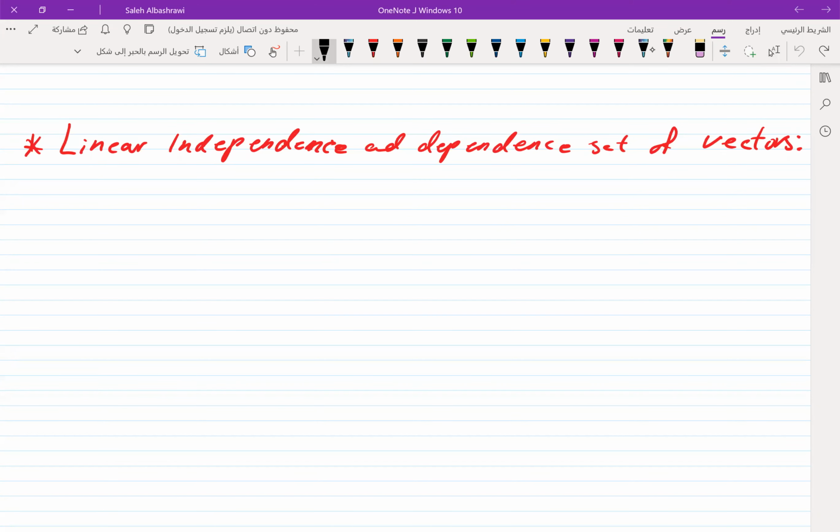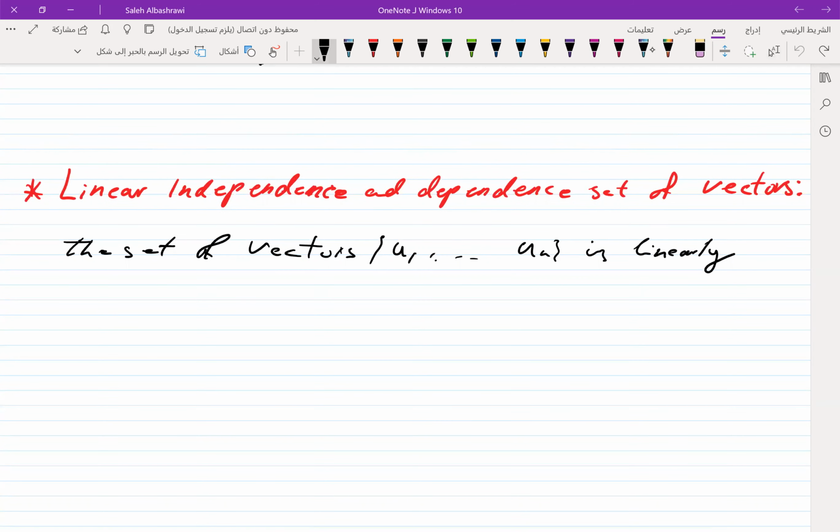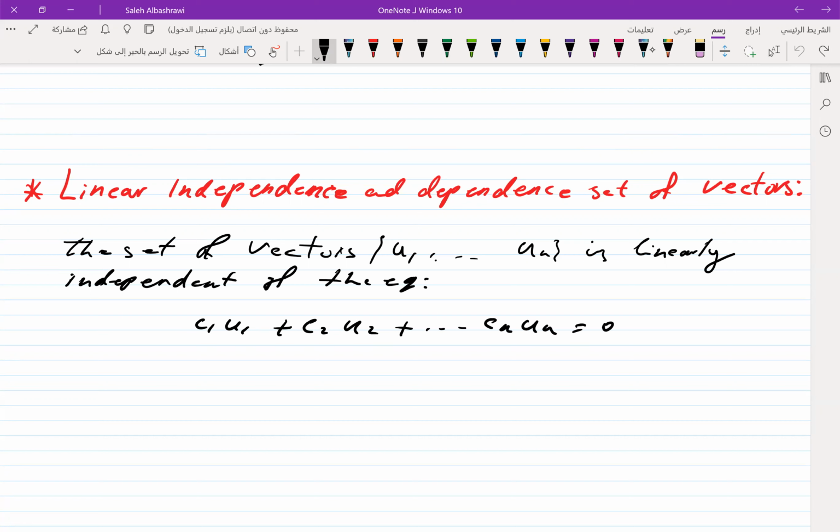We defined before that a set of vectors u1 up to un is linearly independent if the equation C1 times u1 plus C2 u2 plus up to Cn un equals 0 if and only if C1 equals C2 equals C3 up to Cn equals 0, that is, if all the constants C1 up to Cn are equal to 0.